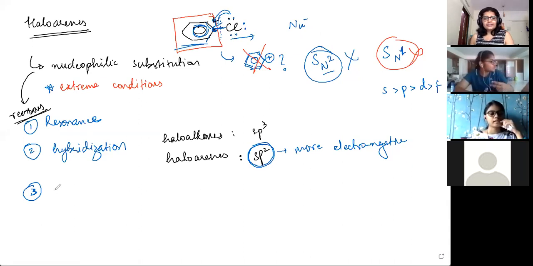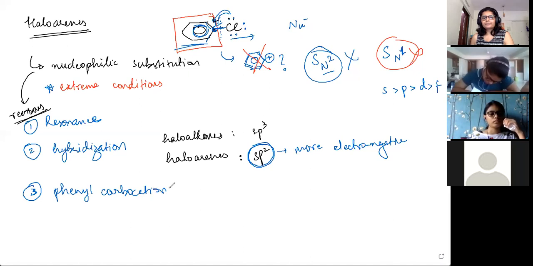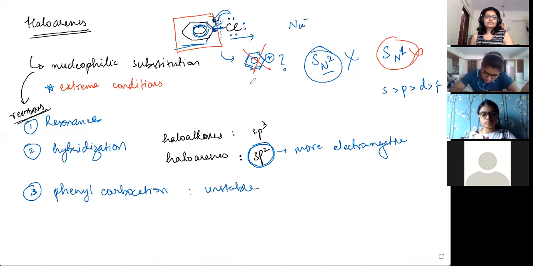In the second case, the phenyl carbocation is highly unstable, so SN1 is completely ruled out.